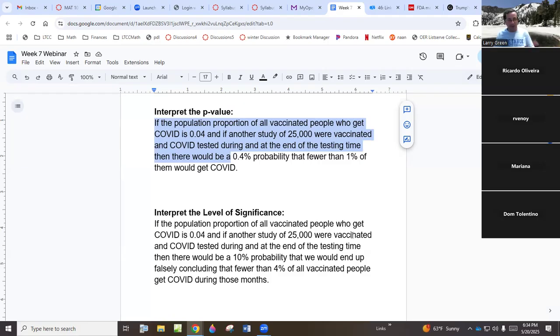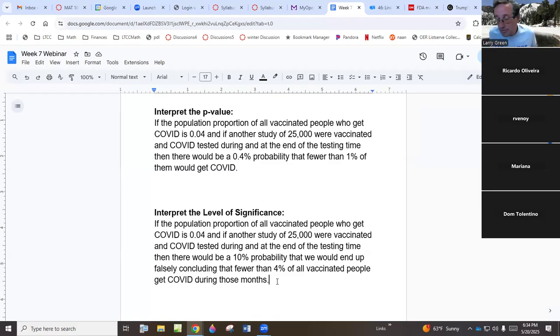A type 1 error says the null hypothesis is true, but you ended up saying there's statistically significant evidence that the alternative hypothesis is true. So we'd end up falsely concluding that fewer than 4% of all vaccinated people get COVID during these months. Any questions on this example?